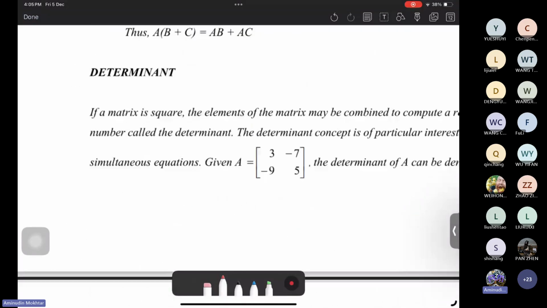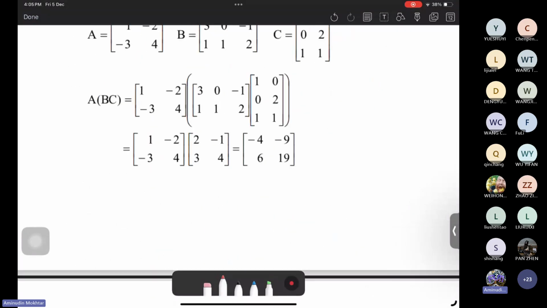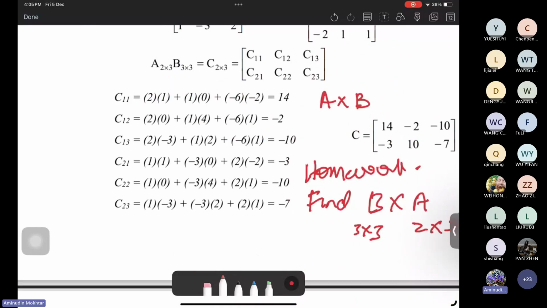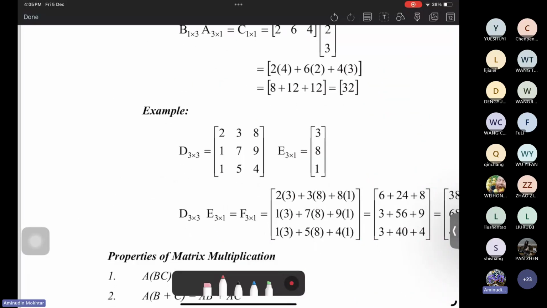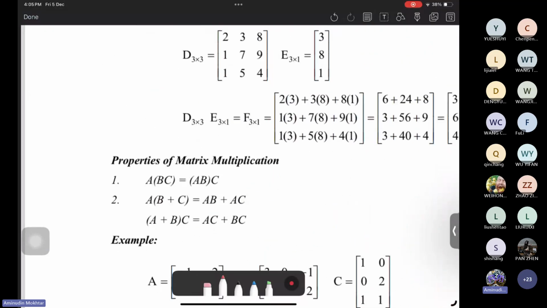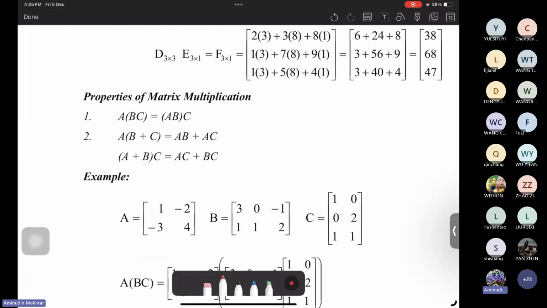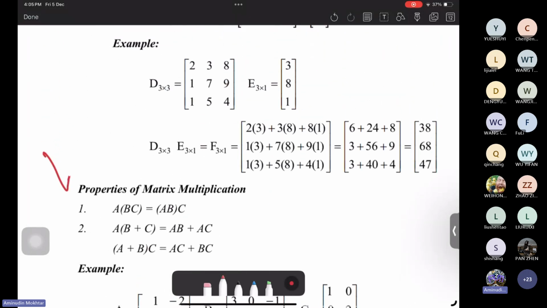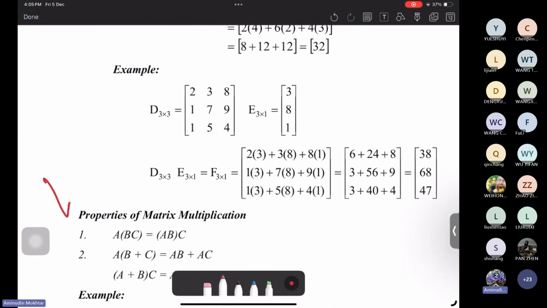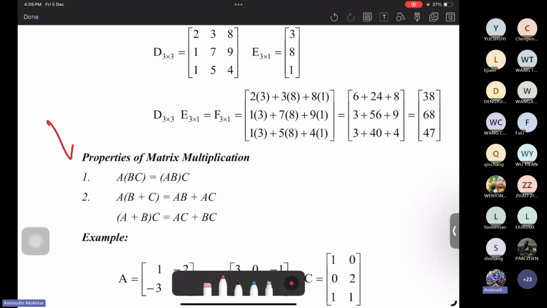The other parts, starting from the method, and then the properties of matrix multiplication, please do your revision. I think it's quite easy for you to understand. I will leave it to you.